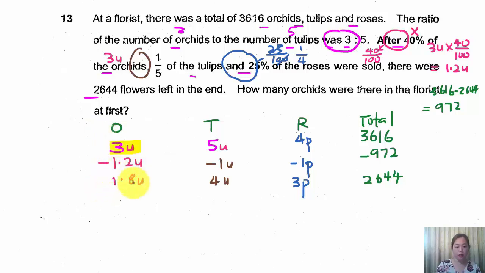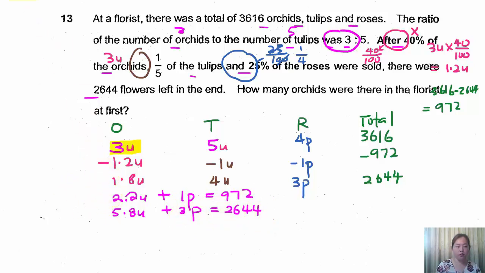So from here, we can see that 1.2 unit plus 1 unit is actually 2.2 unit, plus 1 part is equal to 972, and 1.8 unit plus 4 unit is actually 5.8 unit, plus 3 part, which is equal to 2,644.